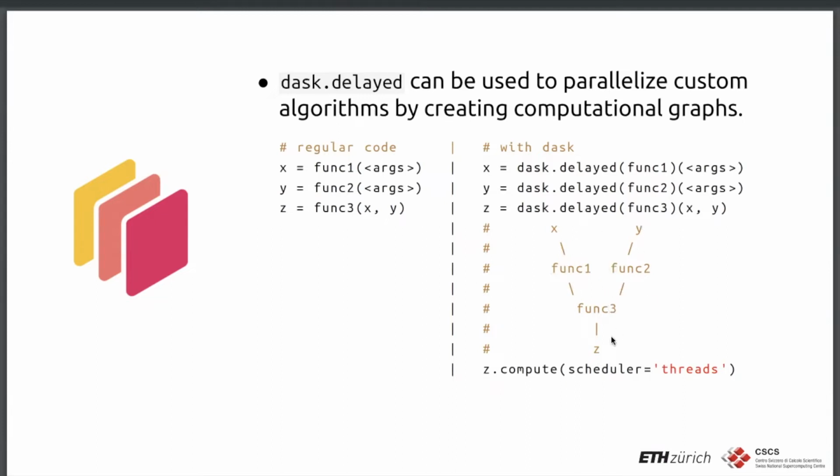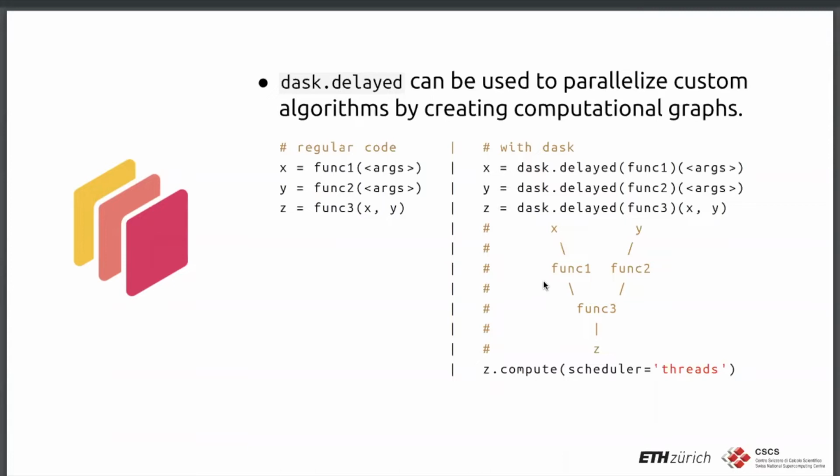Okay, and once the graph is defined, we can run z.compute, and compute is going to go through the graph and execute all the tasks. And the scheduling of the tasks inside of the graph is going to happen in a smart way that is done by Dask.